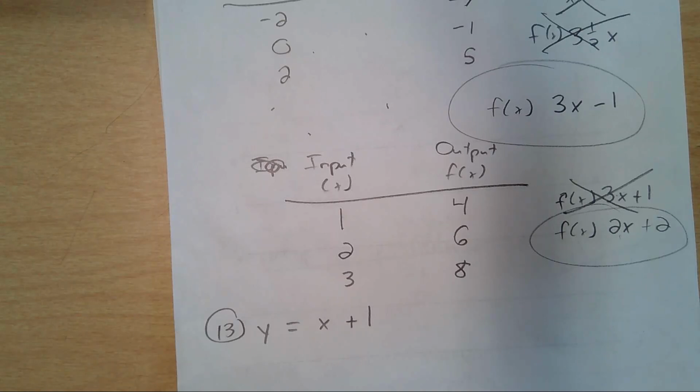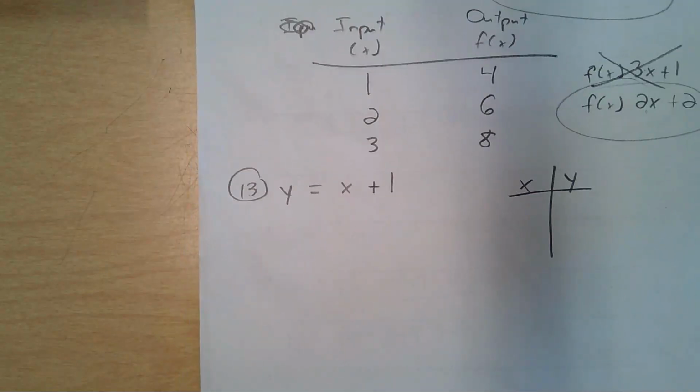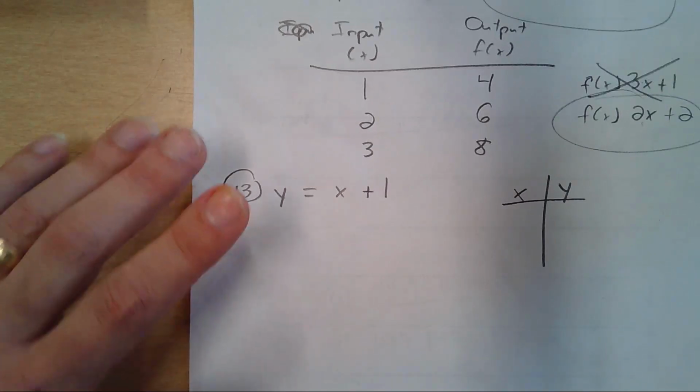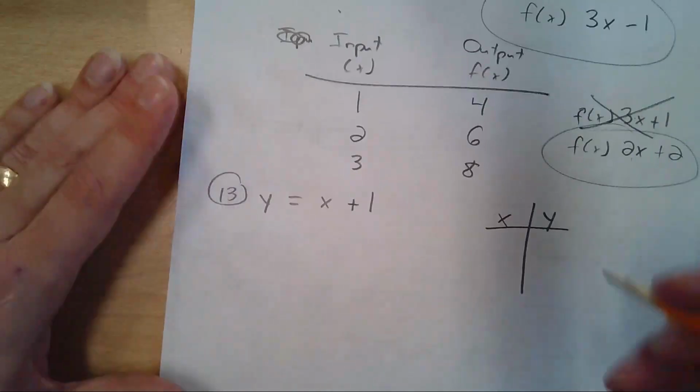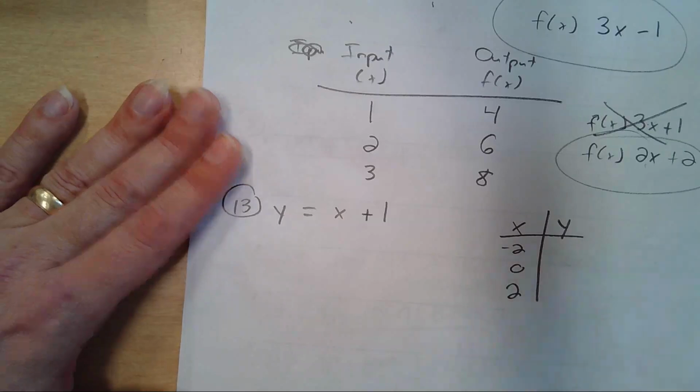You're always going to want 3 x values that you decide. So the first thing I do is make a little table off to the side, x and y. And I will pick my x values, whatever I want them to be. Usually I keep them pretty small, because again, I have to graph this. So I'll just say -2, 0, and +2.